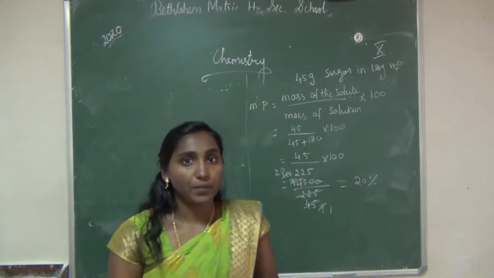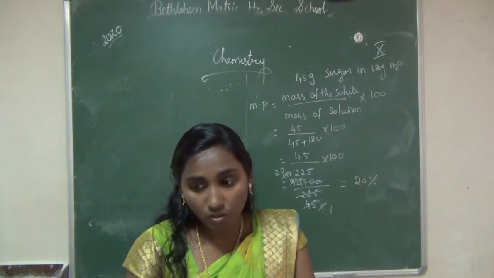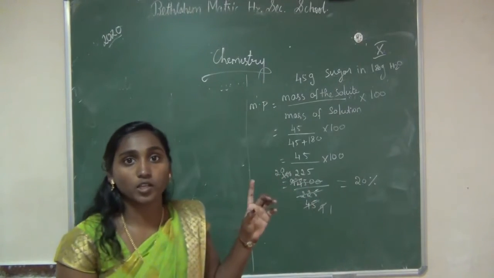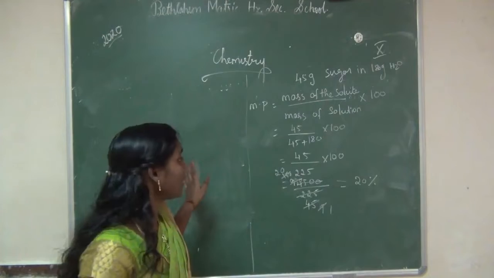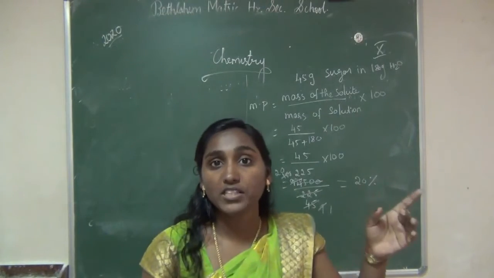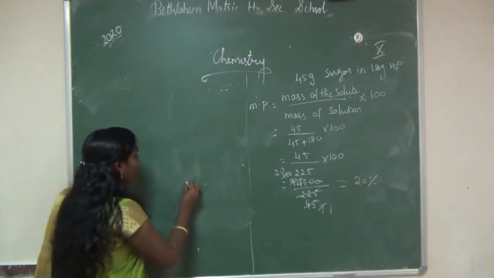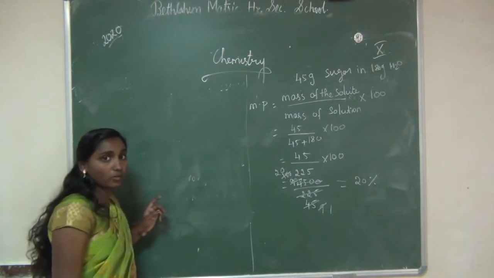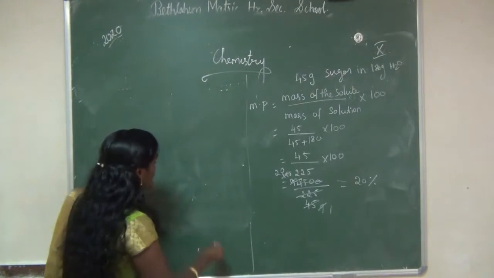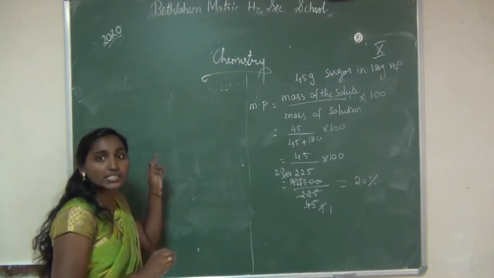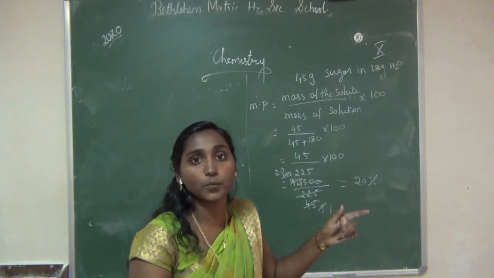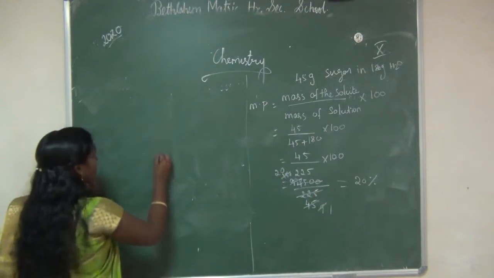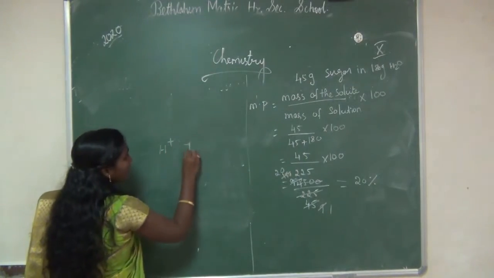In your exam paper, one question I asked from the previous lesson, the 8th lesson: what is the bond formation of the HF molecule? Many of you wrote covalent bond, or only ionic covalent bond. That is not right. Your answer is ionic bond, because when we split this HF, it splits into H plus and F minus.